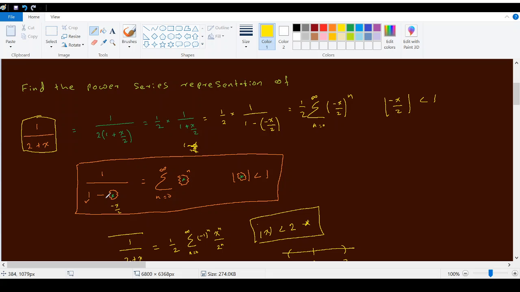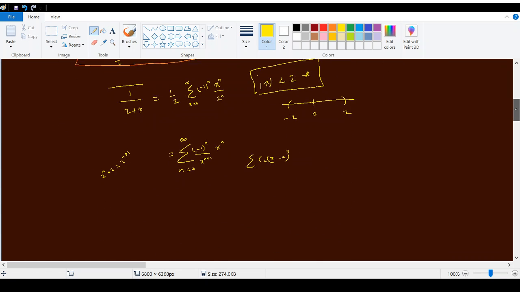First you should convert the given function according to this pattern, and then directly write the series representation, and then you should obtain the suitable region by directly using whatever term you use here as 1 minus this term, right? Okay, and in the next video also we will practice some more examples.